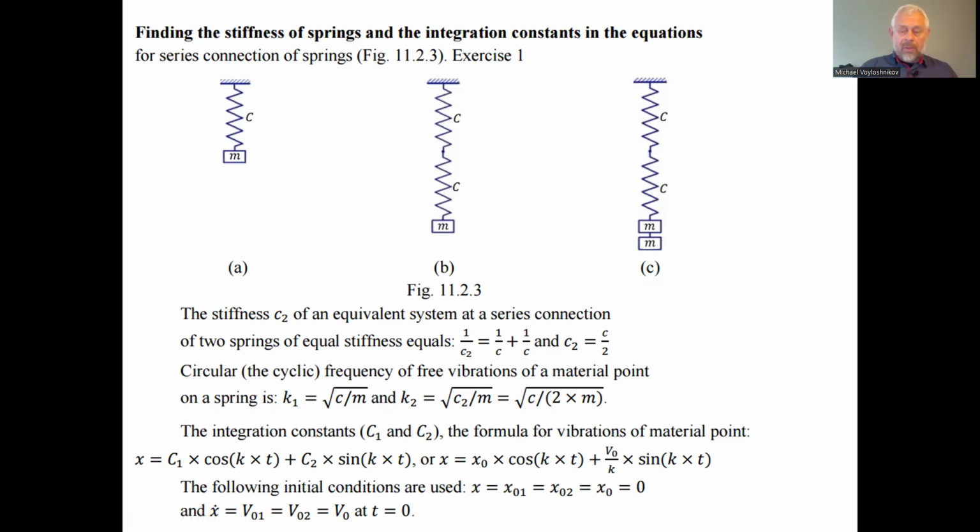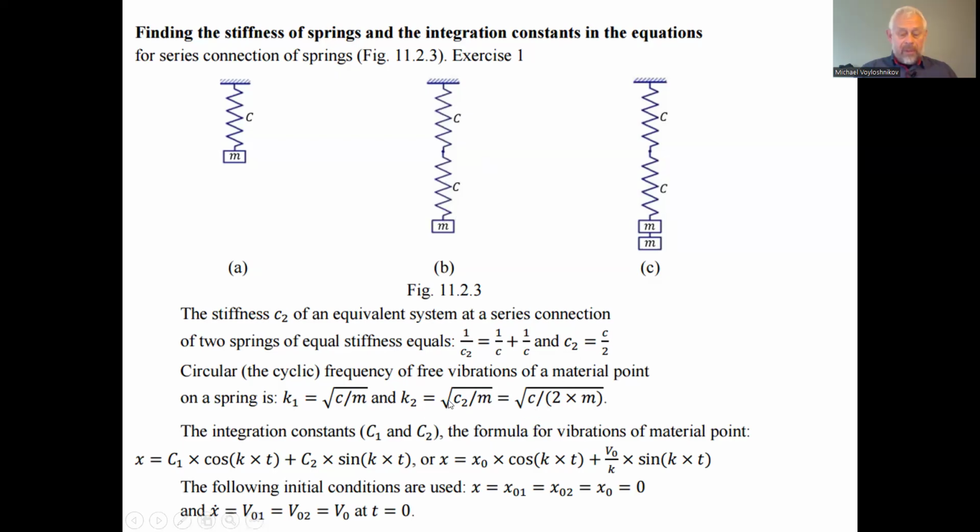How does it impact the cyclic frequency of the oscillation of the load suspended on the springs connected in series? We know that the cyclic frequency equals the square root of the fraction of the stiffness index divided by the mass of the suspended load. And if the stiffness, after the connection of the springs in series, reduces twice, the suspension becomes softer.